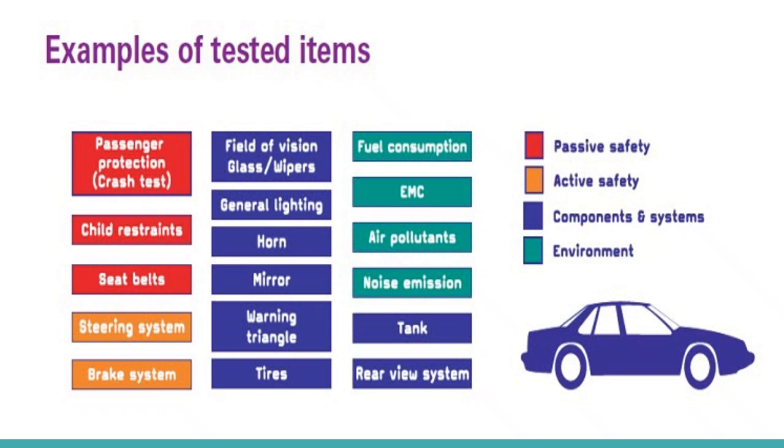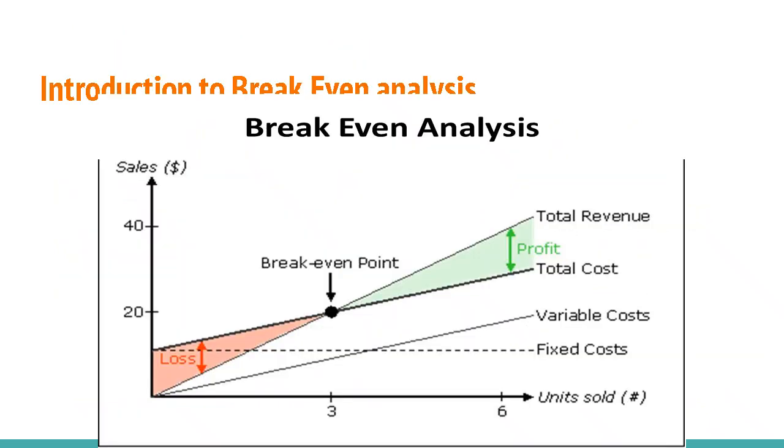Red and yellow is passive safety, orange is active, blue is component, and gray is environment. Red is passenger protection, the crash test. A dummy is put in the car, and a real car is tested for the crash test. It is the passenger protection test, called a crash test. Then child restraint, seat belts.